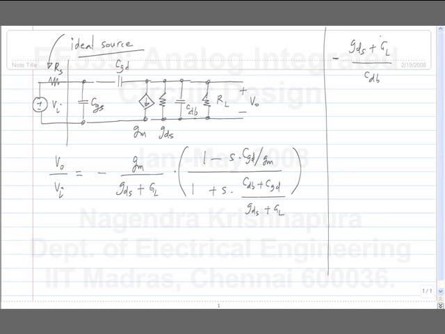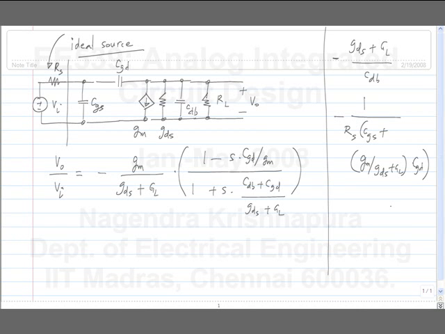Pardon? Okay, so the other pole is 1 by RS and CGS plus GM by GDS plus GL times CGD, something like this.